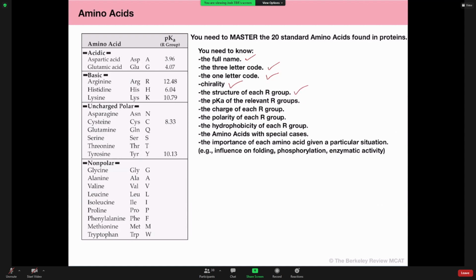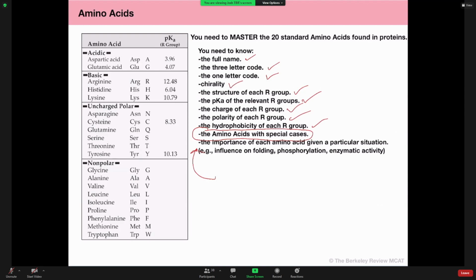Okay. You're going to need to know even the pKa of the relevant R groups. All right. You're going to need to know the charge, polarity, and hydrophobicity, right? You're going to need to know amino acids with special cases. All right. And then, tying everything together, you're going to need to know the importance of each amino acid given any particular situation. And that's what's going to be tested on your MCAT.